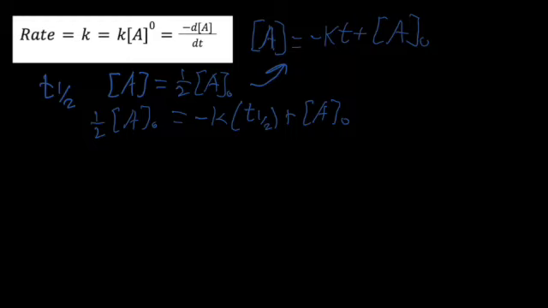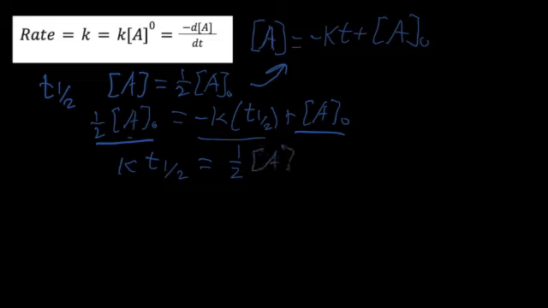So we can subtract 1/2 initial concentration from both sides, and we can move this term over so that we get K times T1/2 equals 1/2 concentration of A naught. Dividing by K, we see that T1/2 equals the concentration of A naught over 2K.